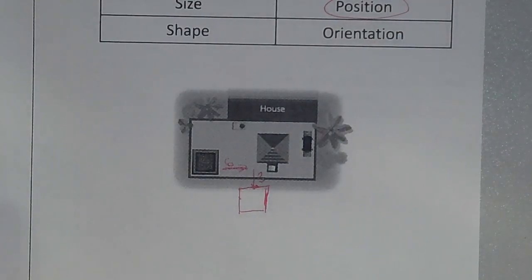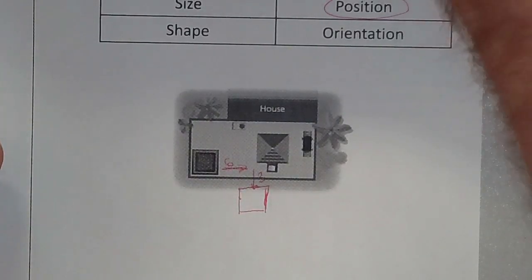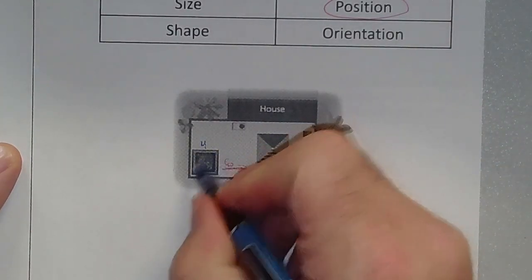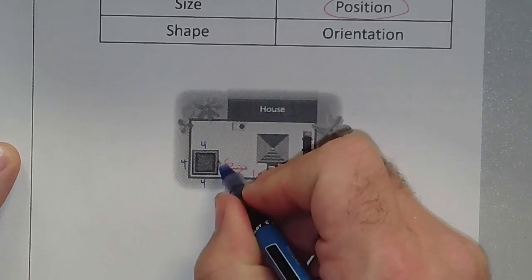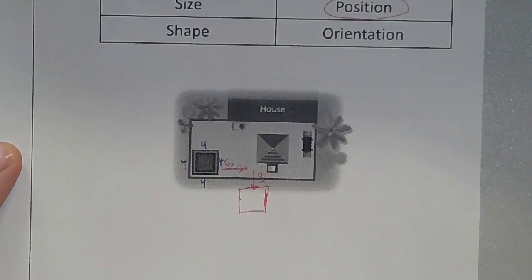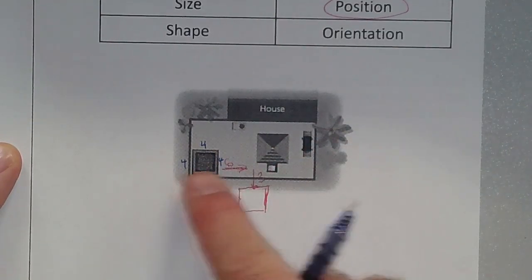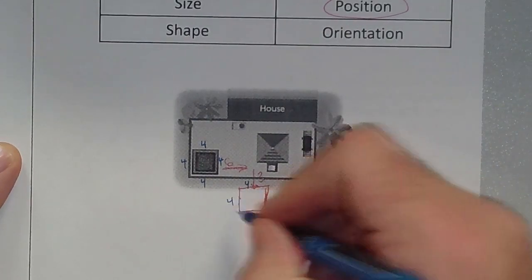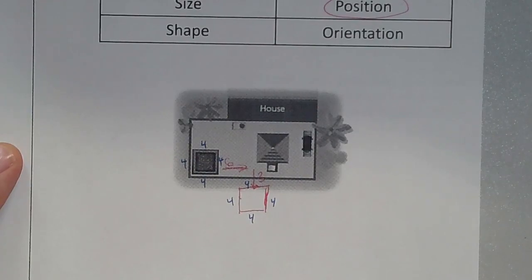What we should know about that fire pit at this point: if we go back to the actual fire pit itself, and I put some labels on here, let's say it's 4 feet by 4 feet by 4 feet by 4 feet. It's a square, which means in its new position, it's still 4 feet by 4 feet by 4 feet by 4 feet, despite my poor drawing.